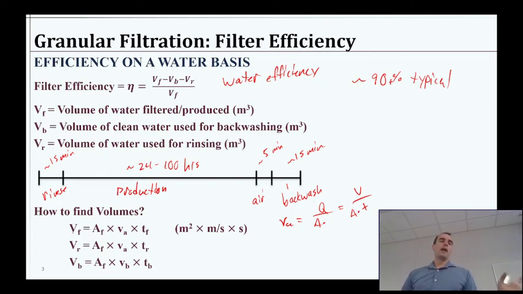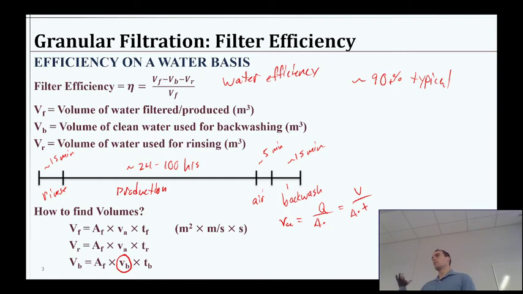And here we have the volume filtered. It's the area of the filter times that loading rate times the time of filtration. Then the rinsing is going to be the area times the loading rate times the time spent rinsing. And then finally the backwash, we're going to have a different loading rate here, VB, possibly, in case we are backwashing at a faster rate than we put water forward onto it, which is certainly possible.